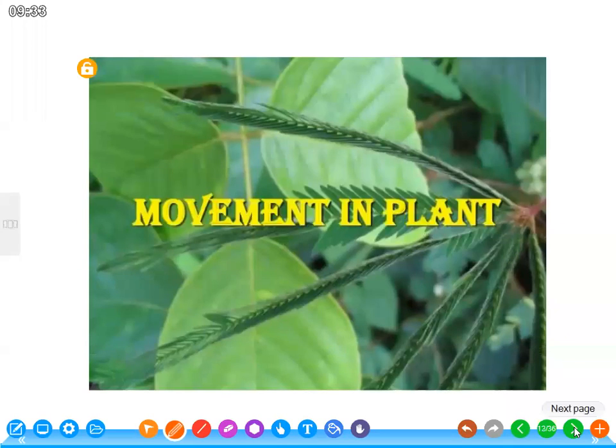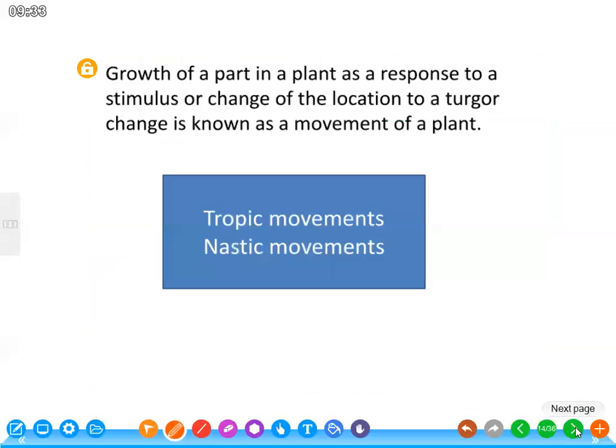Right. Next, we are going to see about movement in plants.